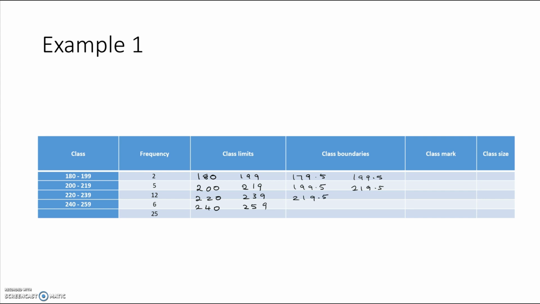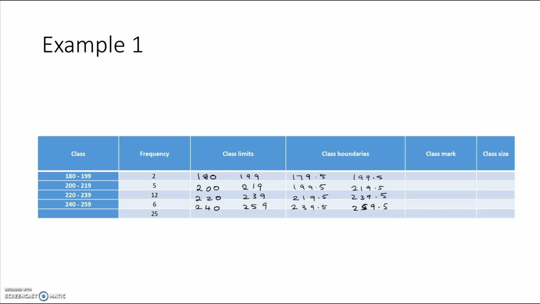If it's more than 219.5, it'll get forced into this third group until it's less than 239.5. If it's more than 239.5, it'll get forced into the next group, provided it's under 259.5.